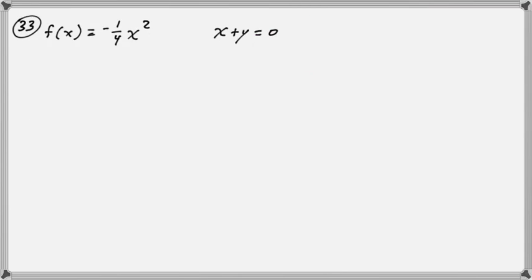Okay, this one we want the equation of the tangent line that is parallel to this other line. If I was to simply subtract x, and I knew that this was mx plus b, can you tell me that the slope is negative 1?